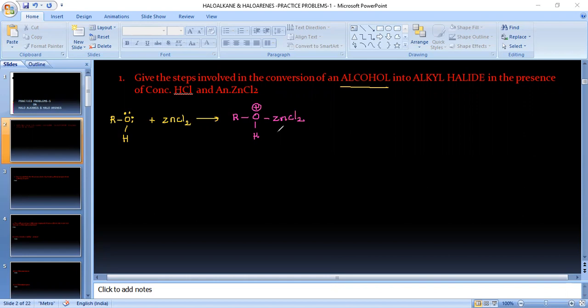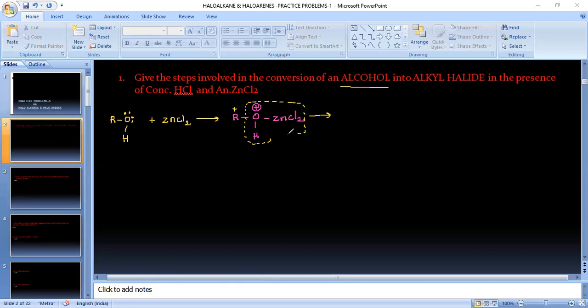It is an easily leaving group, isn't it? So this intermediate product can be written like this. This is the leaving group, the protonium ion.